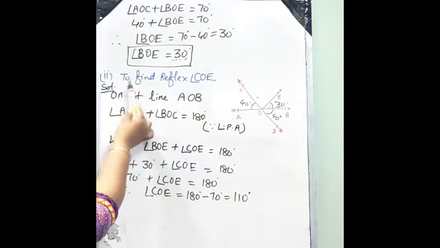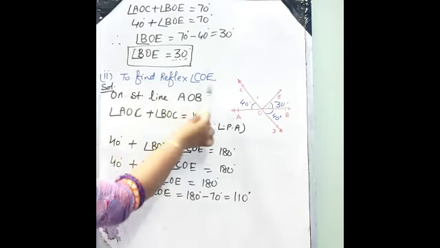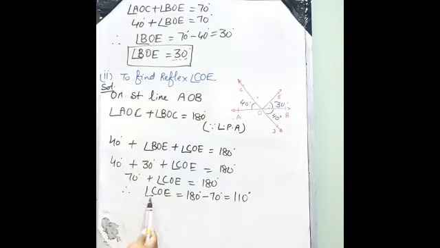But we have to find reflex of angle COE. Here we have calculated the measurement of angle COE. Angle COE equals 110 degrees.